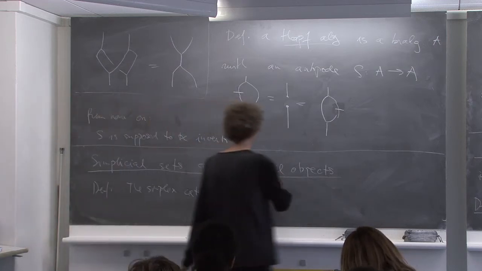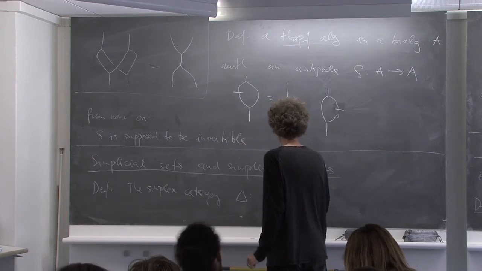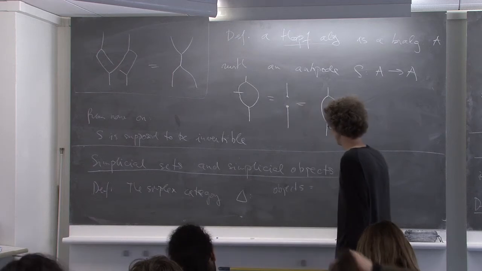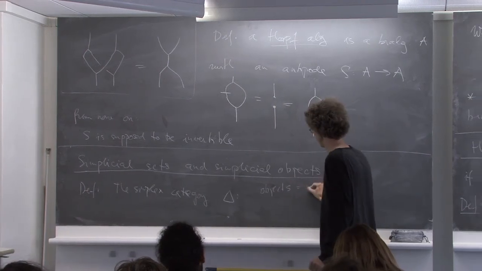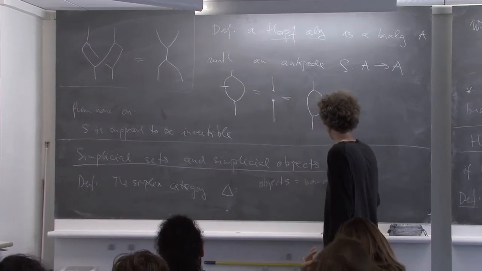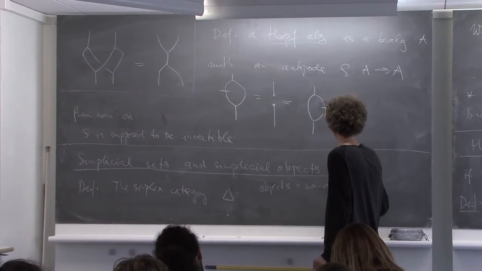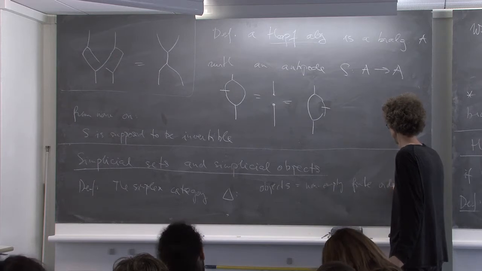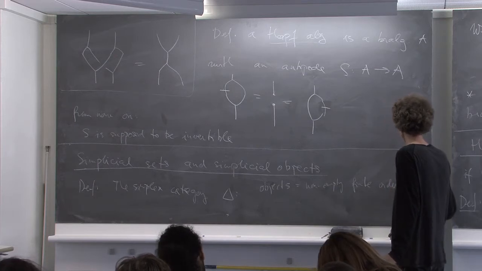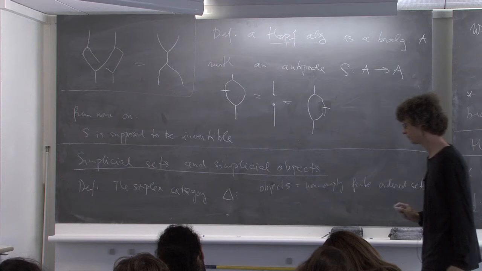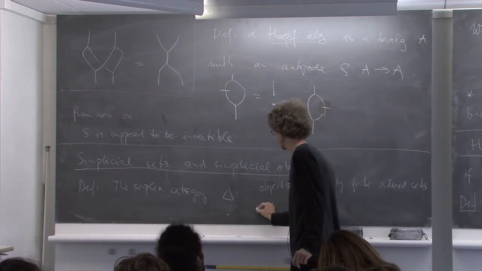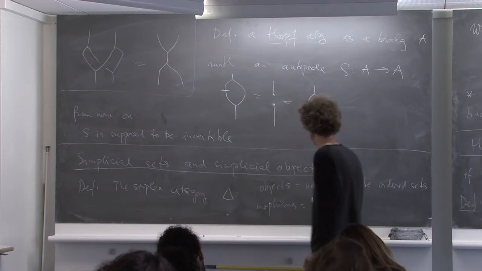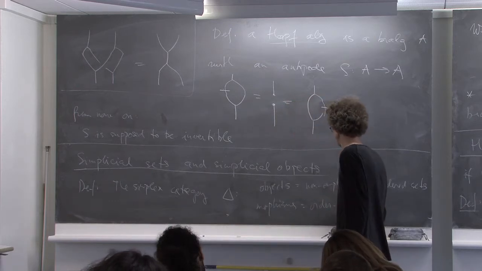The objects: one way to say this is non-empty, finite, totally ordered sets, and the morphisms are the order-preserving maps.